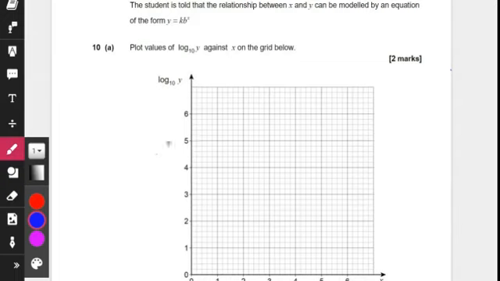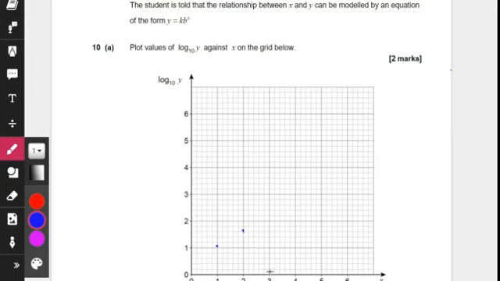When x equals 1, log y is equal to 1.15, which is going to be somewhere around here. When x equals 2, log of y is going to be 1.65. So that's like 1.2, 1.4, 1.6. It's like here-ish.